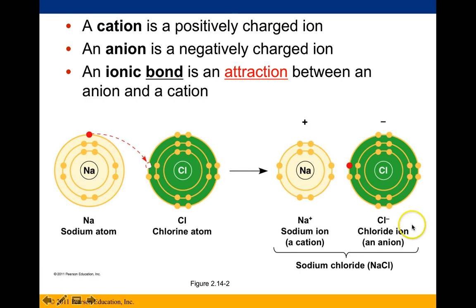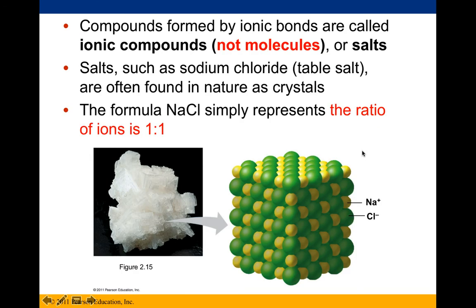These oppositely charged ions, because they are attracted to each other, stay close together, and this attraction is called ionic bond. Ionic bond is due to transfer of electrons. And when two atoms of different elements, one is more electronegative and the other one is not, they come together and transfer electrons like this, they form compounds.